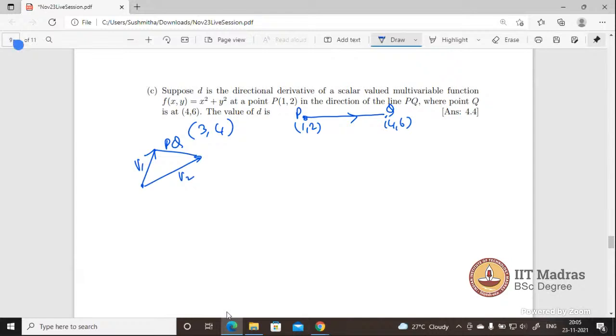V1, V2, this is V1 minus V2. This is P, this is Q. So what is this direction? It's the difference, right? The resultant vector. Yes, ma'am. So I know V1 and V2. I want V1 minus V2.